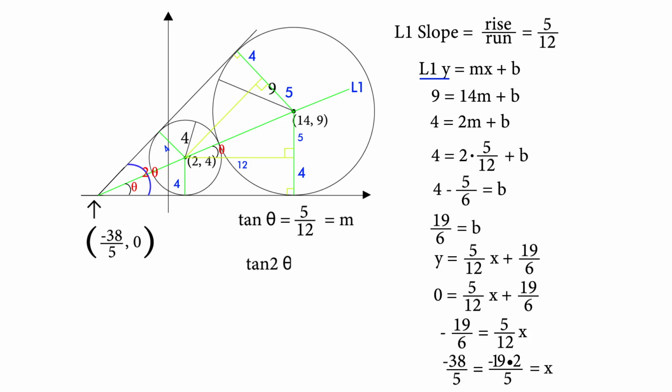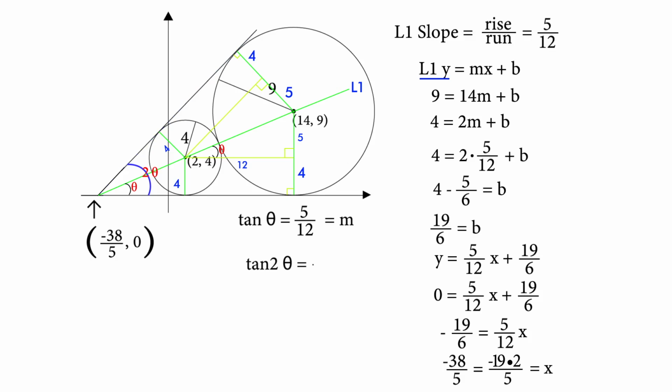So now I want to look at 2 theta. And what is the reason I want to look at 2 theta? Well, because think about it. If tan of theta represents the slope of this line, tan of 2 theta will represent the slope of that line in a very similar way.